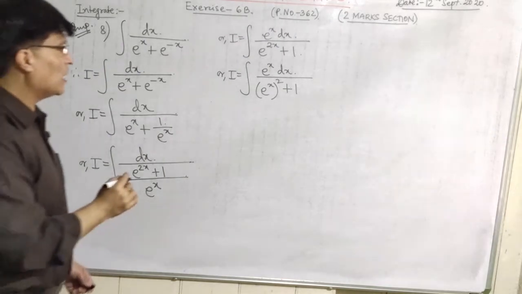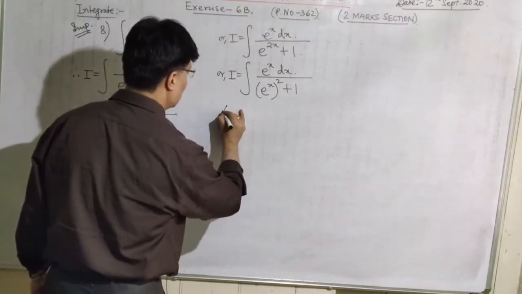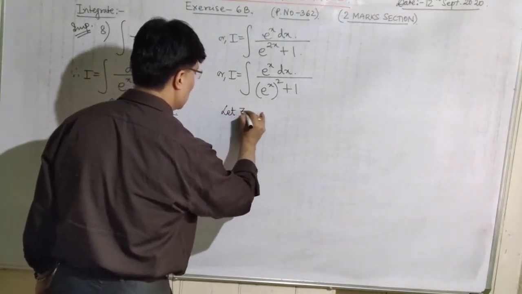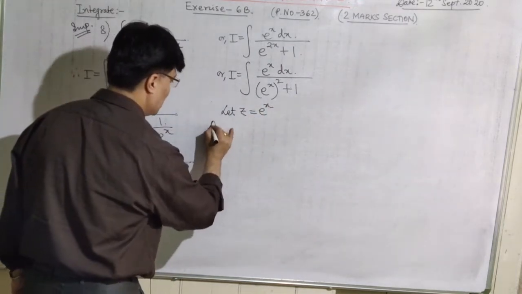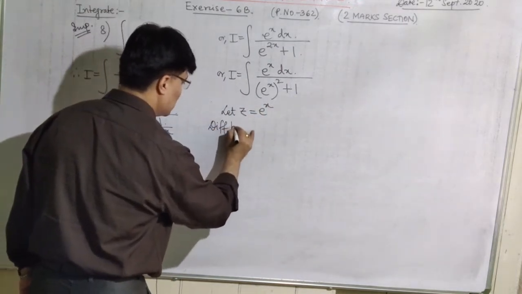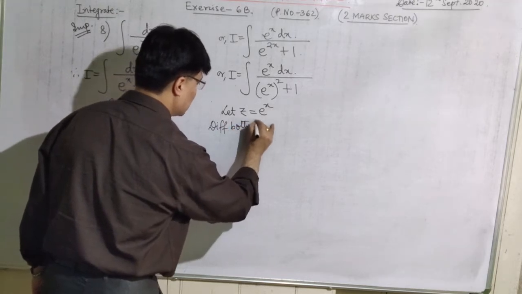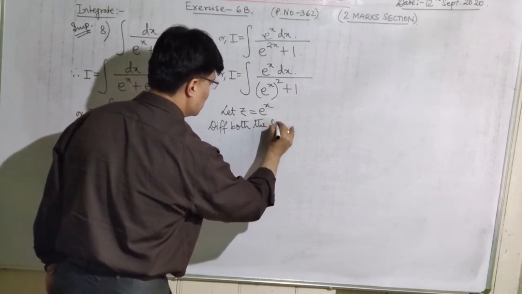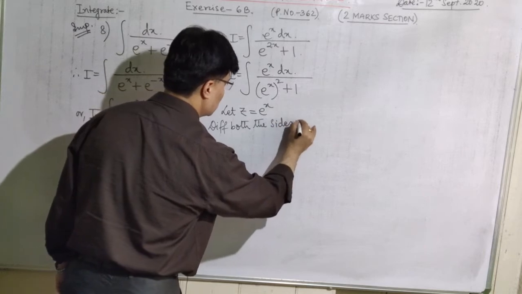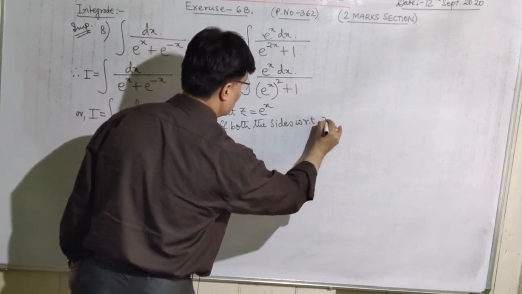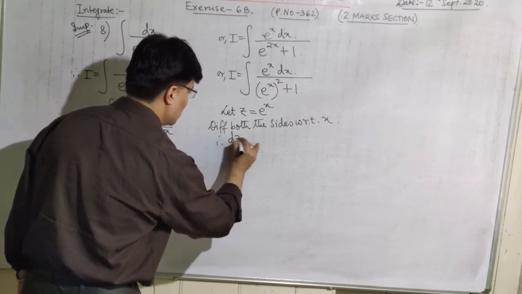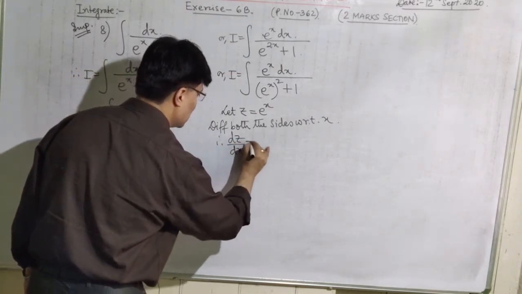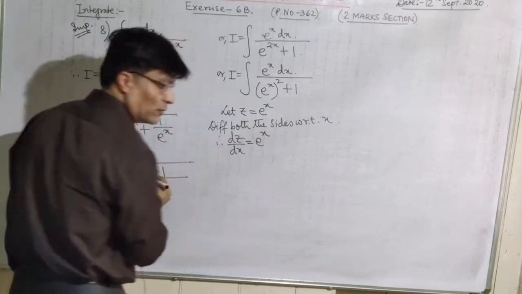Okay. So now we can assume, let z is equal to e to the power x. Differentiating both the sides with respect to x, therefore dz by dx is equal to e to the power x.